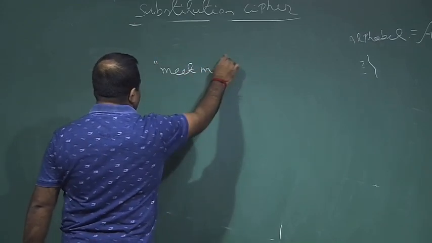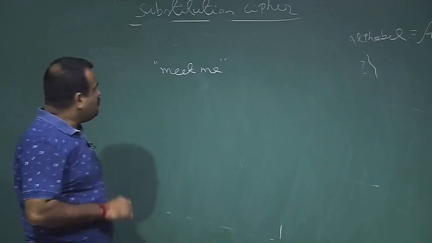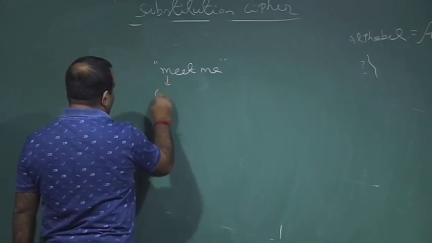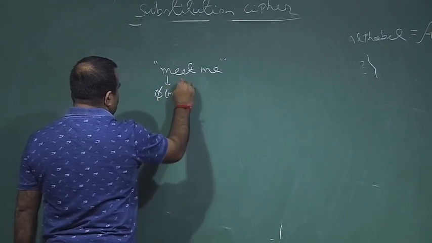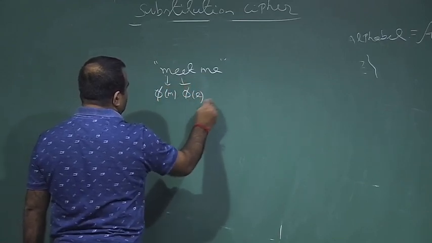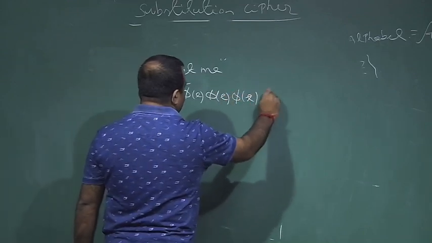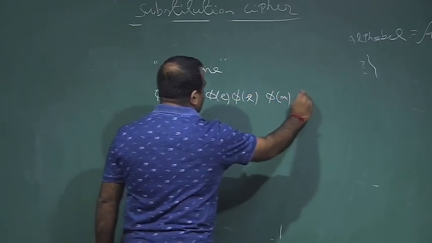Okay, so this is the plain text. What do we do? We have to apply phi: m will be converted into phi of m, and e into phi of e, phi of e, phi of t, again phi of m and phi of e.